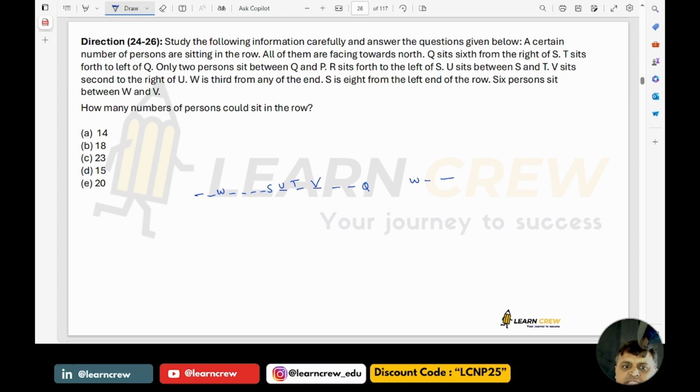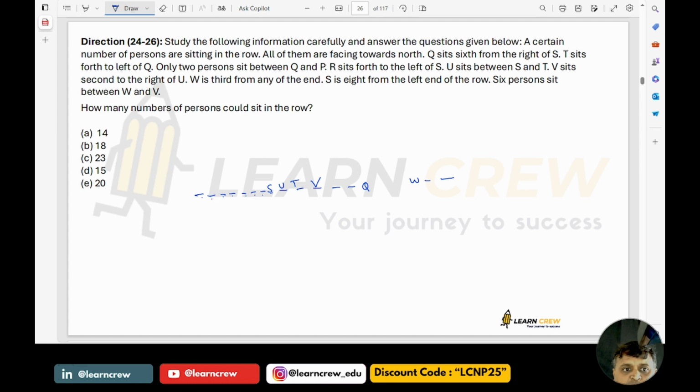Six persons sit between W and V. Counting 1, 2, 3, 4, 5, 6, it is not satisfying here, so W is not here; somebody else is there. But S is 8th from the left hand: 1, 2, 3, 4, 5, 6, 7, 8.